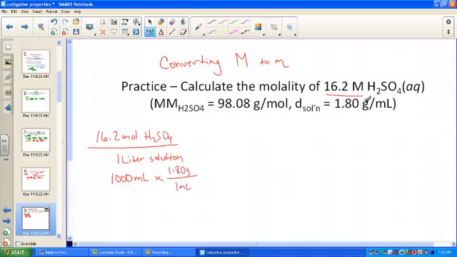That's my conversion, 1.80 grams for every milliliter of solution. So a liter of solution, how much would it weigh? Well, 1,000 times 1.8 grams is what, 1,800? I just slide the decimal, correct? So 1,800 grams of solution.